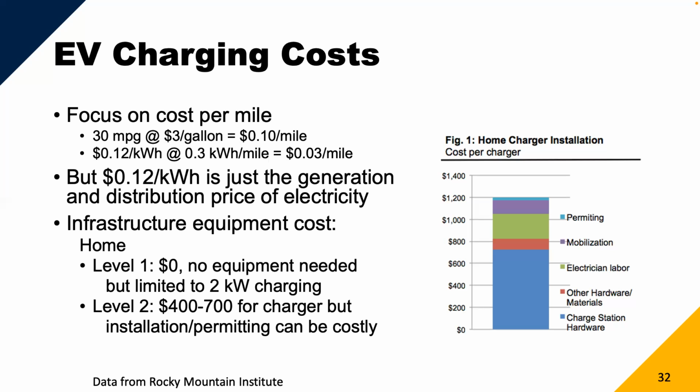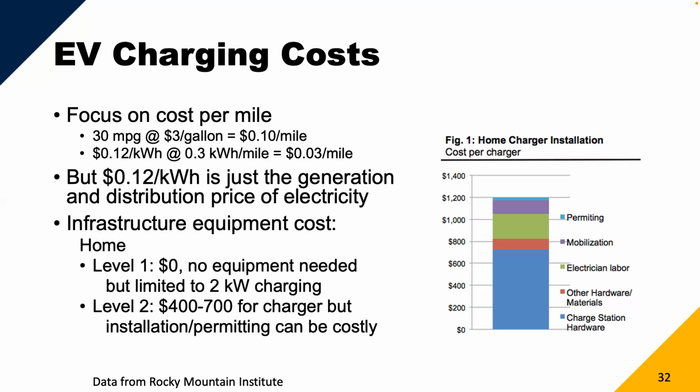So there's some permitting, mobilization, electrician labor, and then other hardware. Obviously this will vary. And as I was mentioning, in California, basically all of this can get covered by the utility. They'll pay like $1,000 to $1,500.